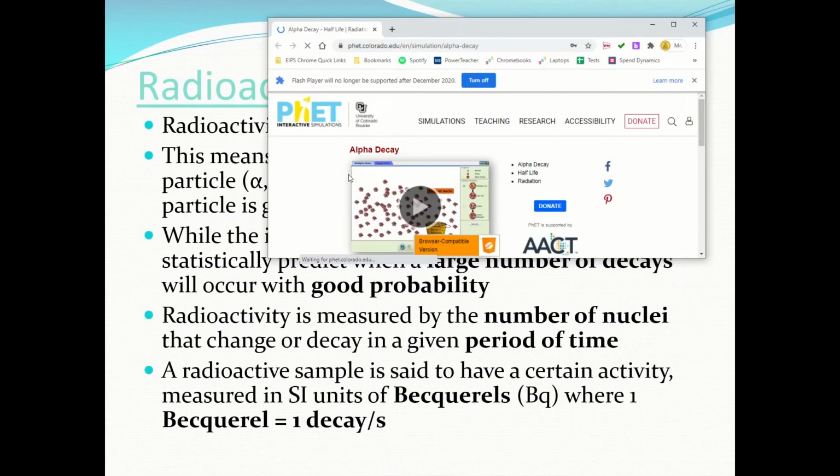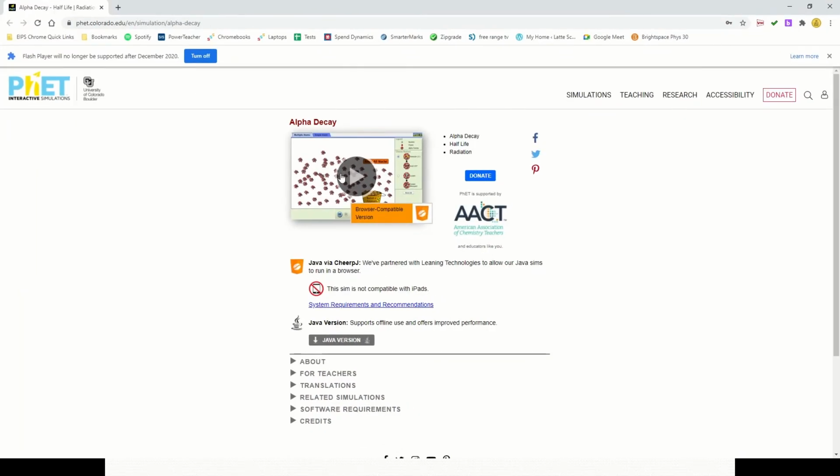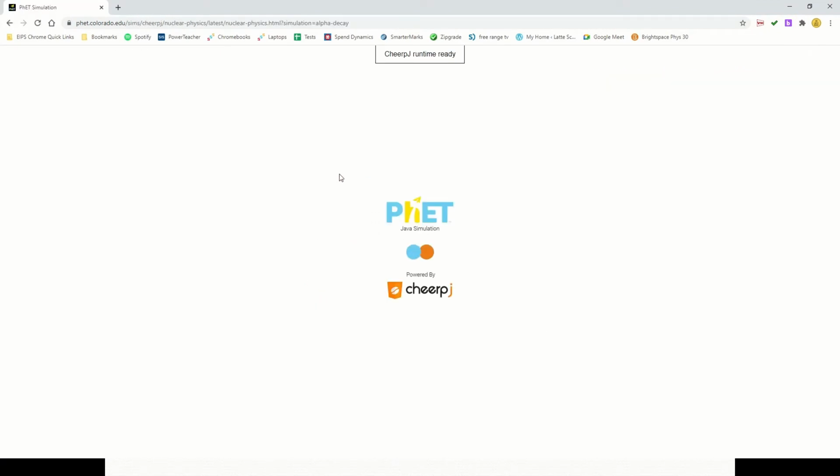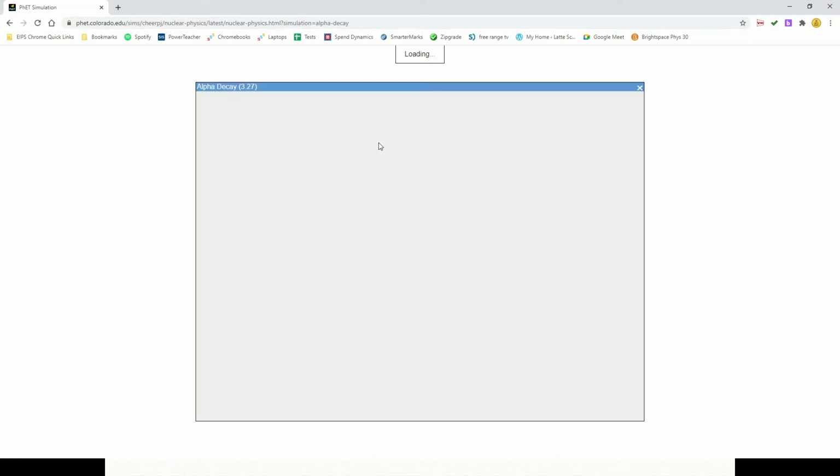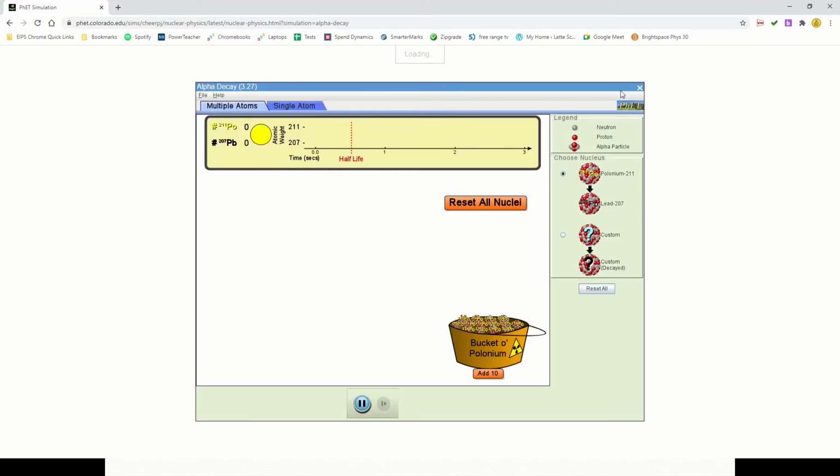This is a fun little game that we play. You could turn this into a gambling game. Just wait for it to open. Okay, so this is our bucket of plutonium.